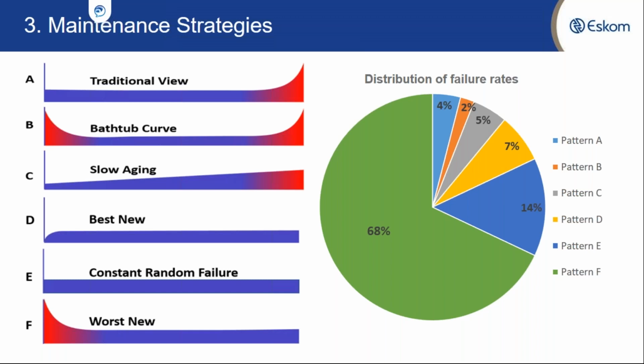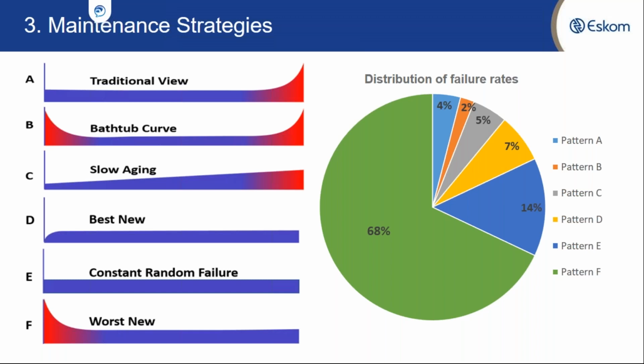So the findings indicated that 68% of failures related to pattern F, which is the one right at the bottom, which indicates that the probability of failure is high during the inception, and then it becomes not fixed throughout. So meaning it changes, it's no longer high.